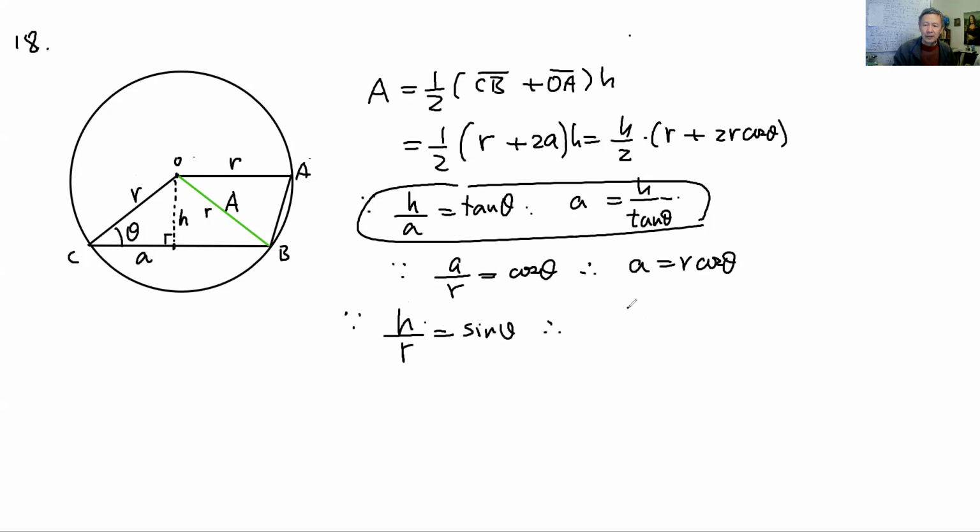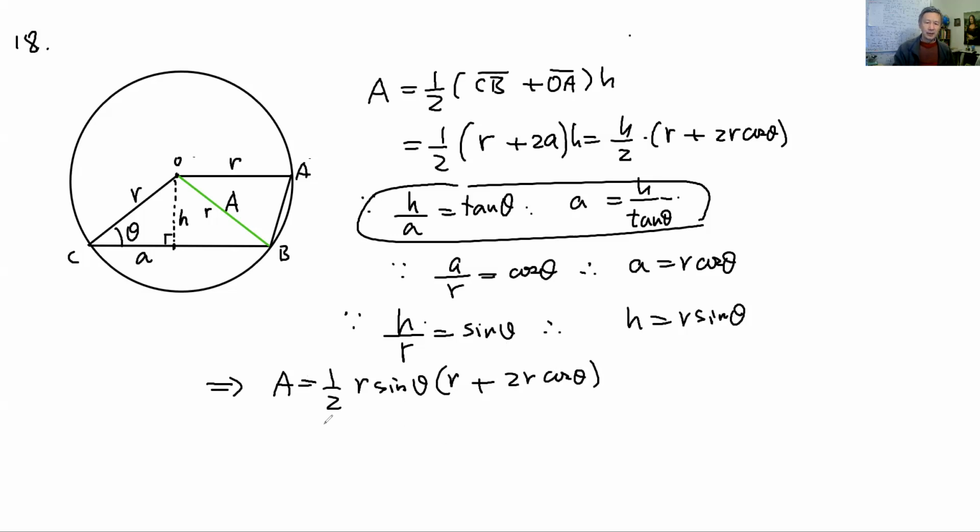So therefore H will equal R sine theta. We can substitute that into the formula. In this case, the area will equal half, H is R sine theta, plus 2R cosine theta. That's interesting.